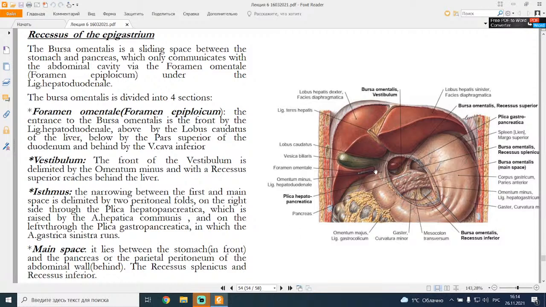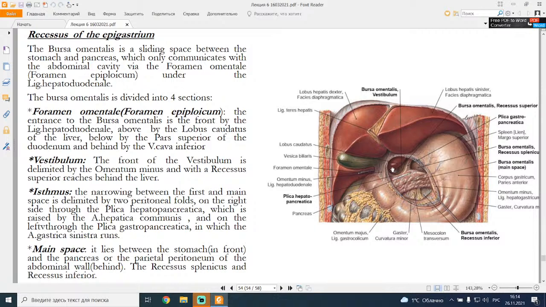The entrance, foramen epiploicum, is bounded in front by the ligamentum hepatoduodenale, above by the lobus caudatus of the liver, below by the pars superior of the duodenum, and behind by the vena cava inferior.